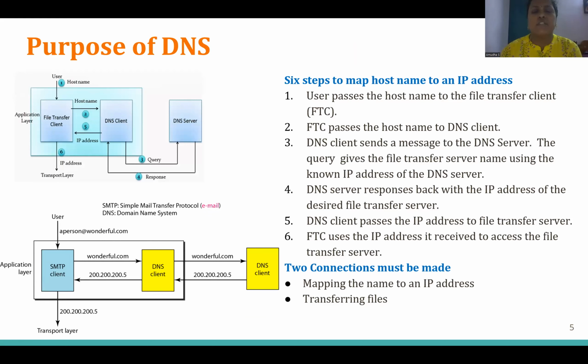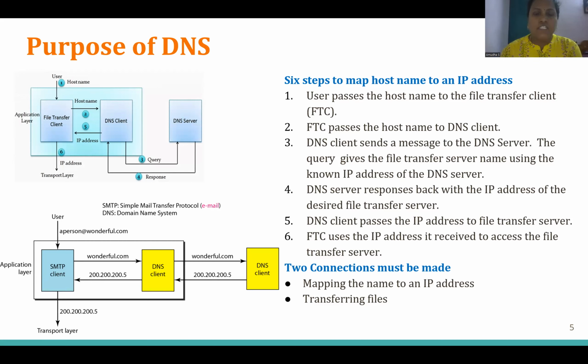There are 6 steps we have to follow to map the host name to the IP address. First, the user passes the host name to the file transfer client. The file transfer client passes the host name to the DNS client. The DNS client sends a message containing the query, giving the file server name, to the DNS server using the known IP address of the DNS server.